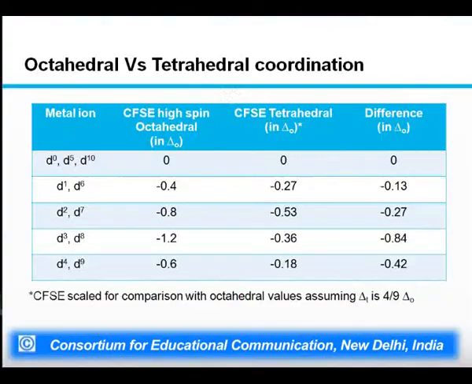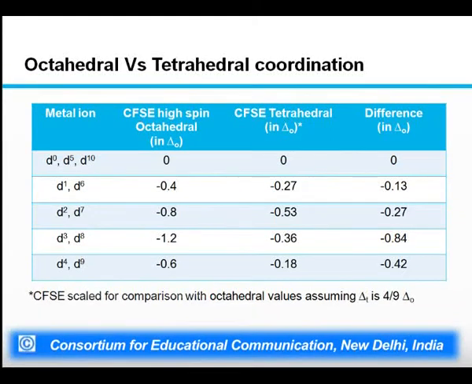But what if the molecular formula is not given to you? How will you decide whether it is an octahedral complex or a tetrahedral complex? We will see how. This slide gives you the values of CFSE for the octahedral as well as the tetrahedral case for different metal ions.